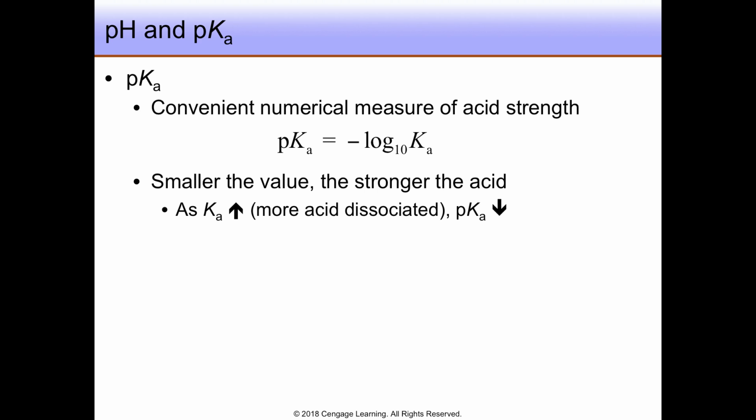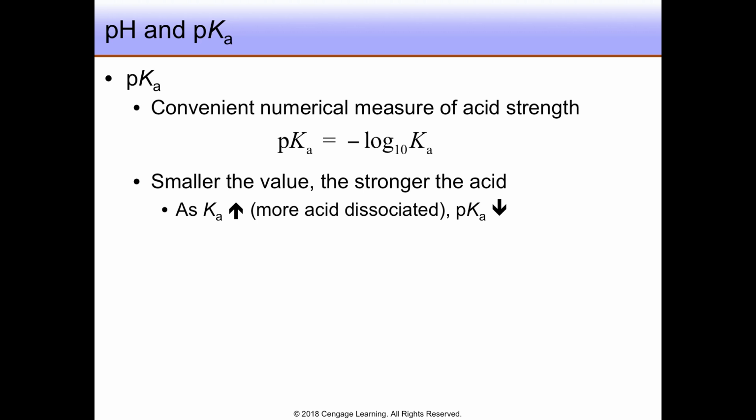Earlier we defined an acid dissociation constant, or Ka. Most biological acids are weak acids, like water, and therefore their Ka values are also very small. We can therefore convert them to whole integers by taking the negative log base 10 of the Ka. This gives us the pKa. Recall that as Ka increases, the acid dissociates more and is therefore a stronger acid.